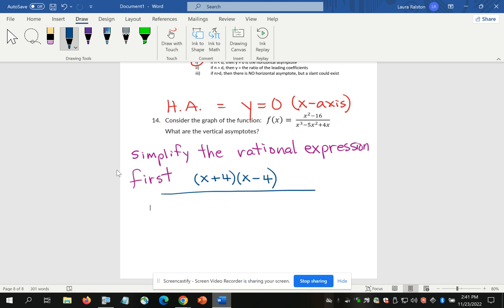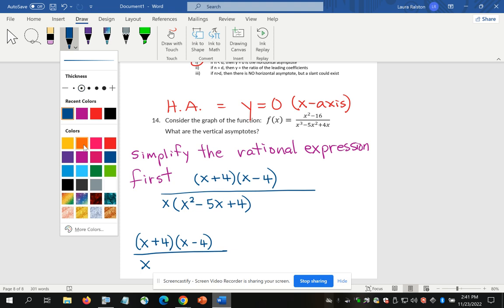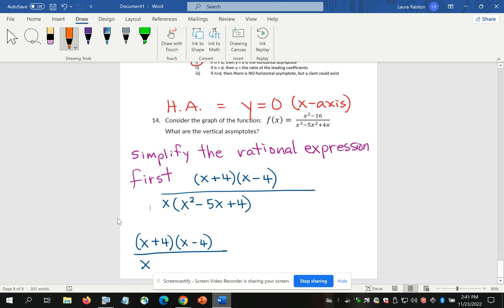In the denominator, initially I would factor out an x, and I would have x squared minus 5x plus 4. And then I want to determine if I can factor or break down that piece, x squared minus 5x plus 4, any further.